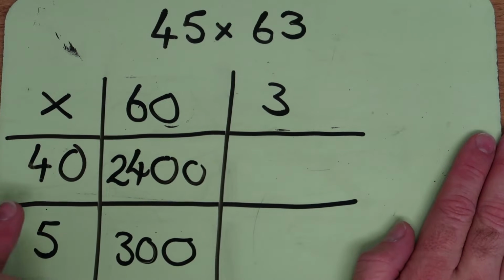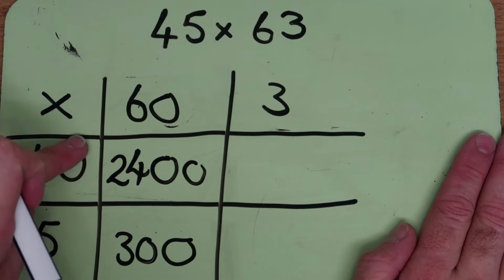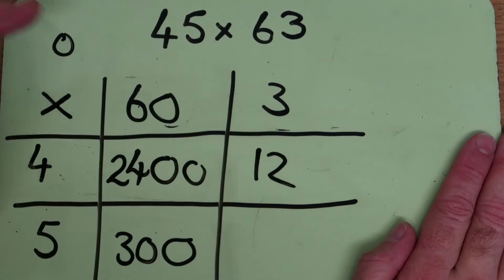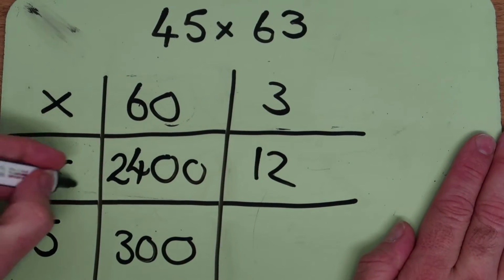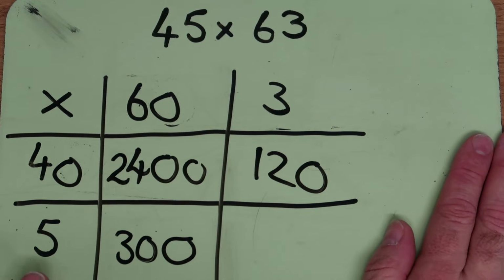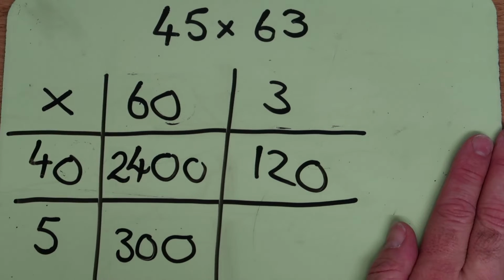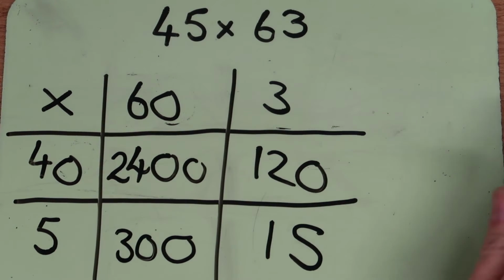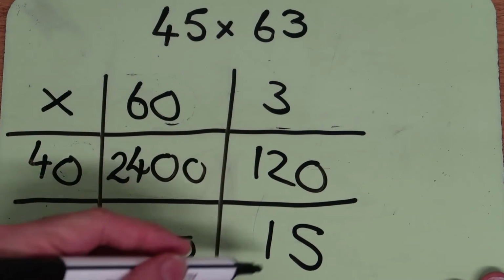Do the same here. 40 times 3, so we'll take off the 0, pop it up there for safekeeping. 4 times 3 is 12, pop the 0 back on, and so 40 times 3 is 120. And then finally, 5 times 3, no zeros involved here, so it's nice and simple, so 5 times 3 is 15.